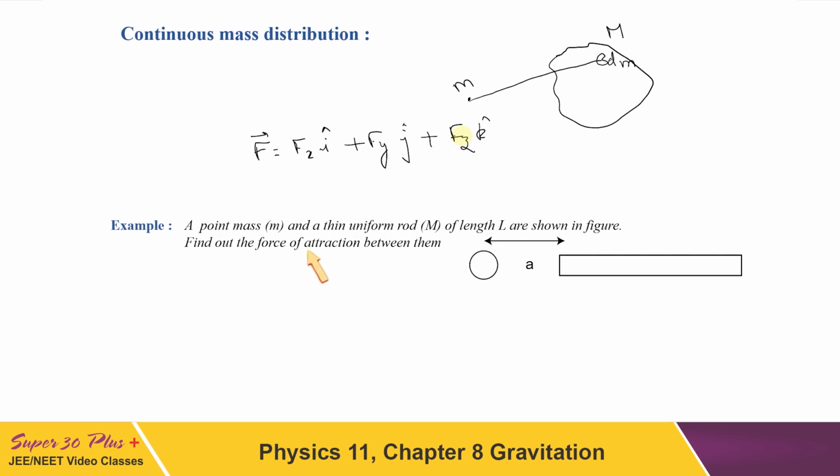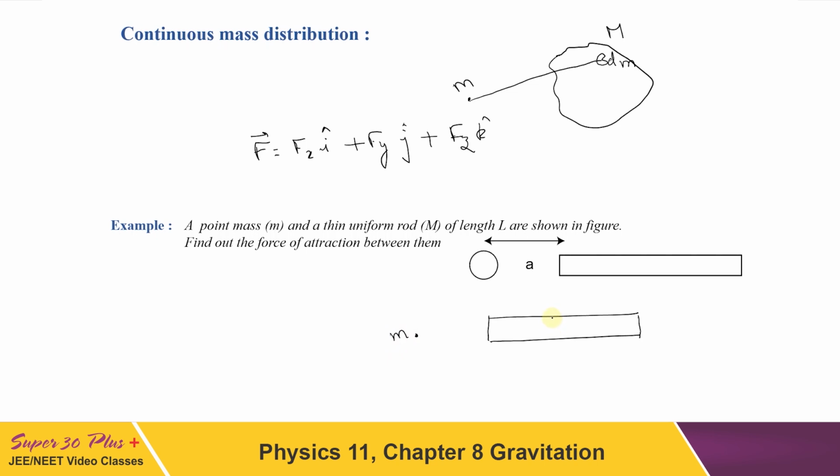Find the force of attraction between them. So we have to calculate the force on the small particle mass due to this extended rod. As we know that mutual interaction is equal and opposite for both bodies, it will always be easier to calculate the force on the particle mass. So let us do it here.